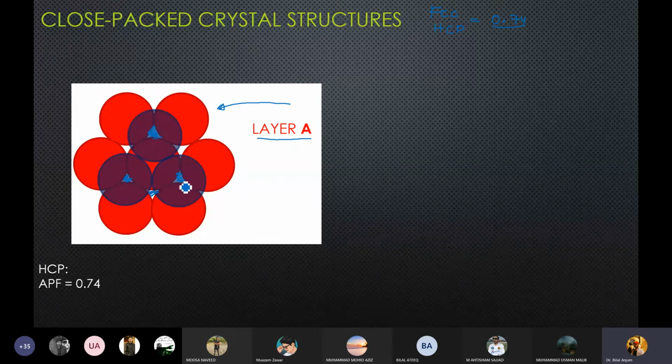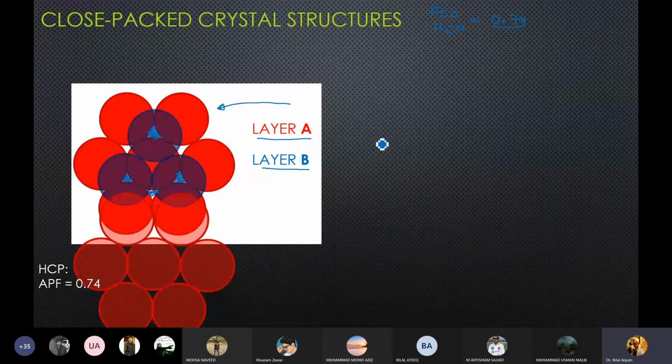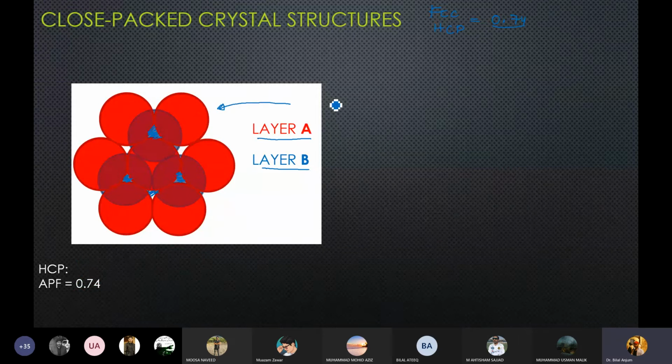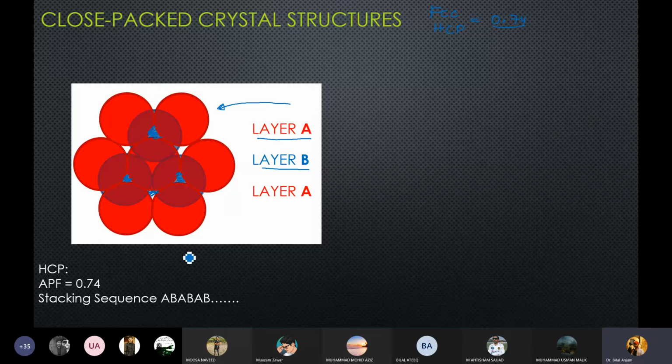This is the second close pack layer, which is termed as layer B. Now for the third layer in an HCP, it would come directly on top of layer A. This is layer A. So in an HCP crystal structure, the stacking sequence of atoms in close pack direction is A, B, A, B, A, B.